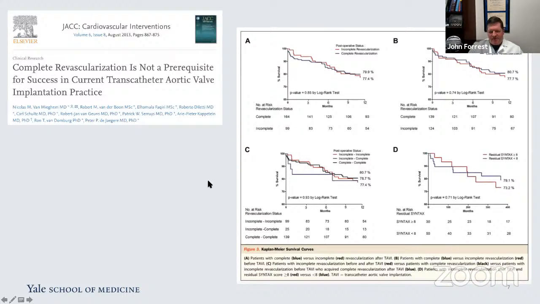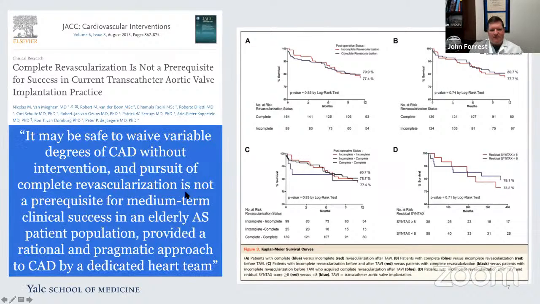And I think Nick made a very nice conclusion in his paper when he said it may be safe to waive variable degrees of coronary disease without intervention, and pursuit of complete revascularization is not a prerequisite for medium-term clinical success in an elderly aortic stenosis patient population, provided, and I think this is very important here, a rational and pragmatic approach to coronary disease by the dedicated heart team.